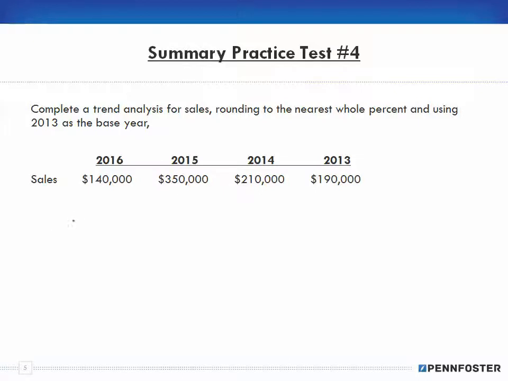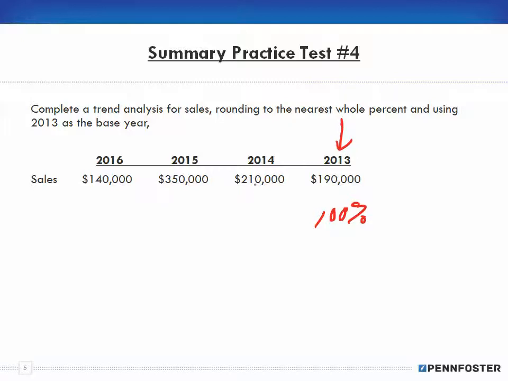So when you complete the trend analysis, and we're using 2013 as the base year, the base is what's going to go in the denominator. Obviously for 2013, 190,000 divided by 190,000 means that's 100%.